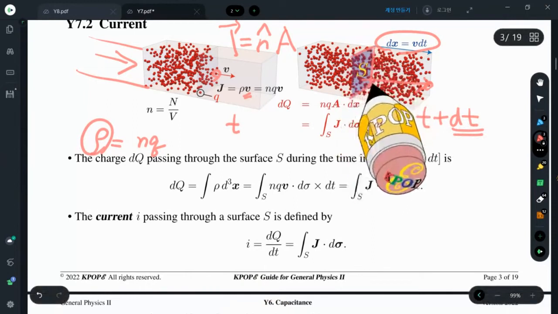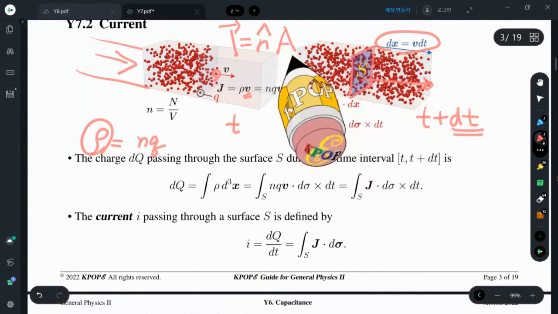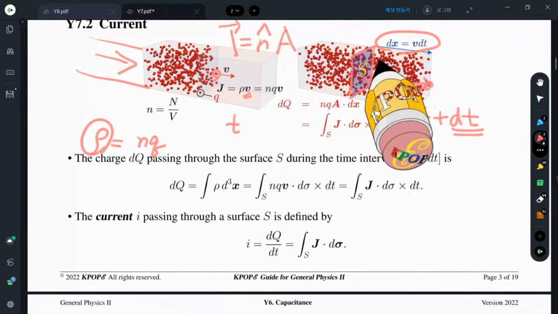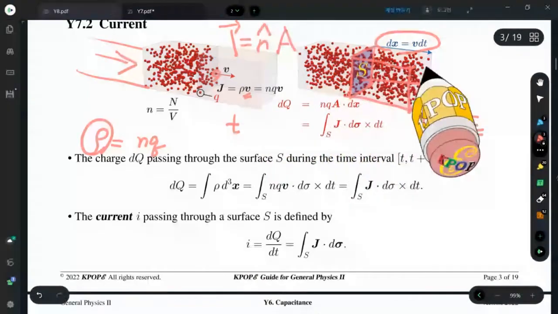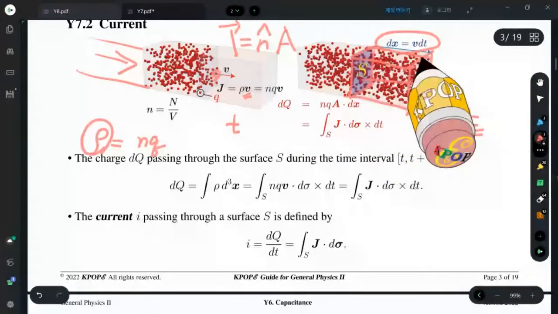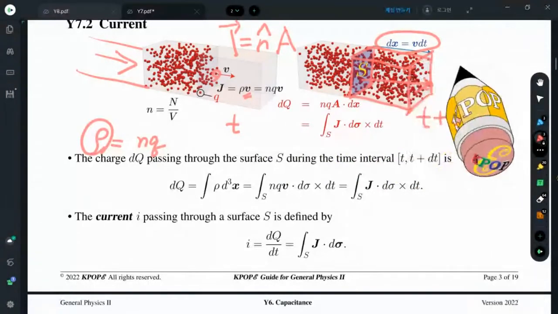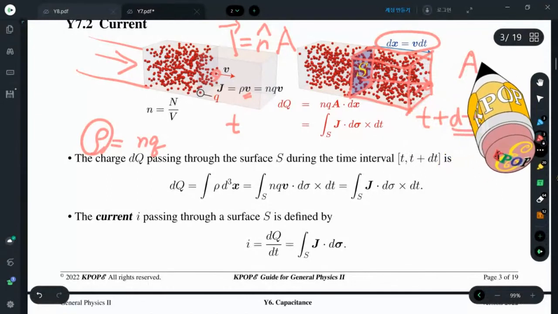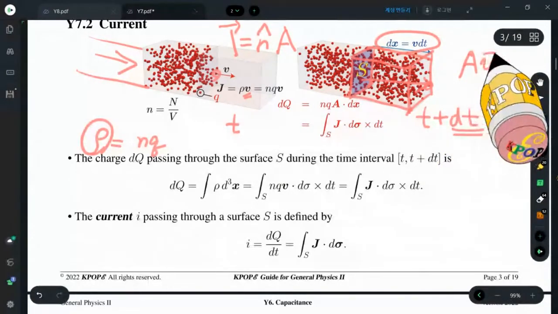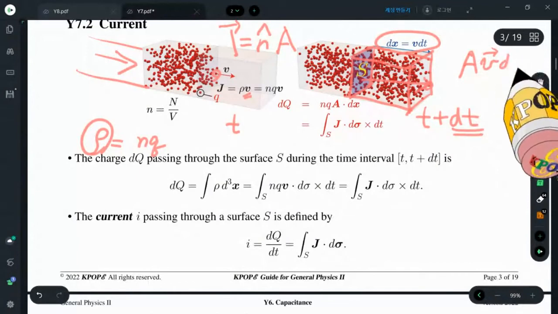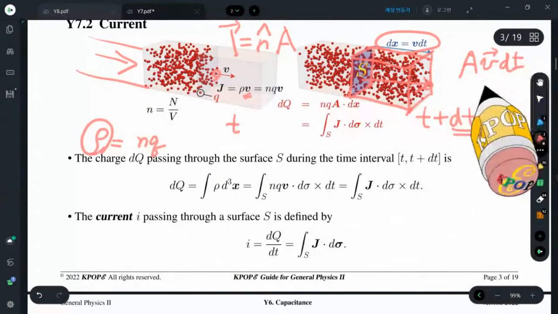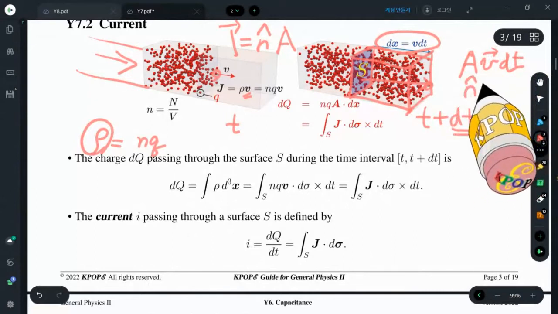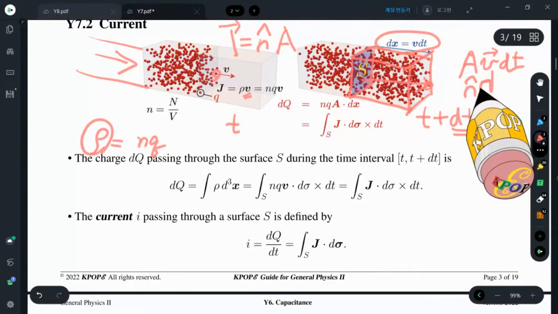Because we have a surface area A with normal vector n hat, the volume of this parallelepiped, which is actually a rectangular pipe, is just A times v dt, that is, n hat A dotted with v dt.